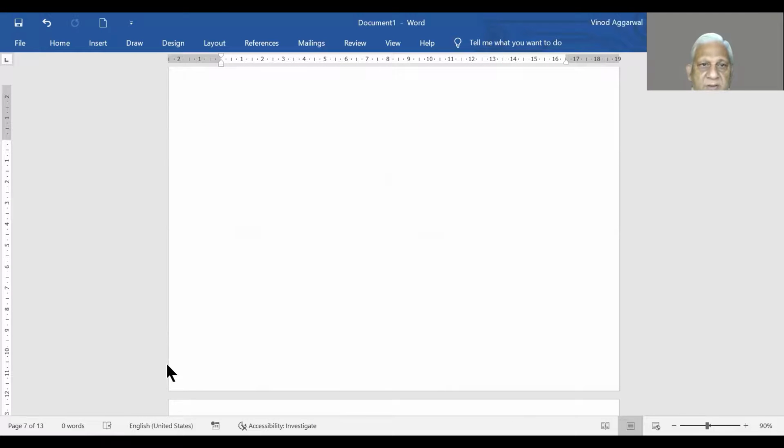Now let's try to find out the magnetic field created due to a circular loop. Let us say this is a circular loop of radius A, and there is a point P which is d distance away from it.